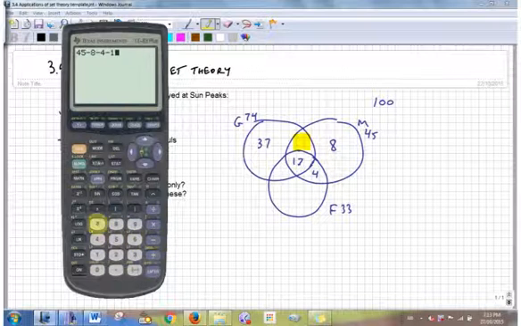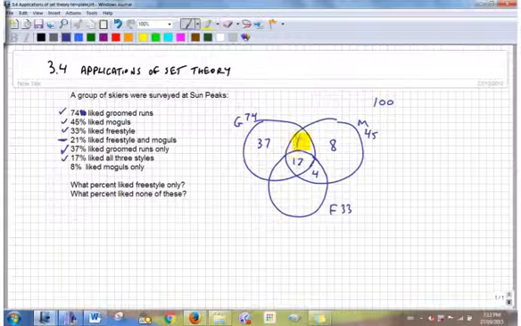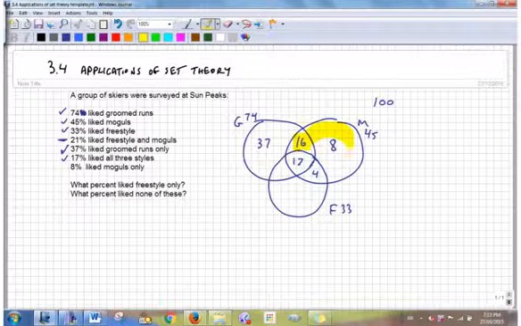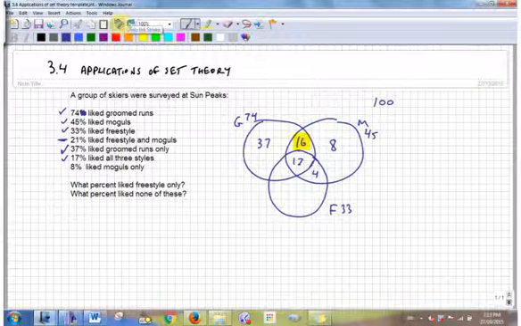We'll be left with what must be in this intersection, and that looks like that's 16. Okay, so remember, everything in here has to add up to 45. So that is, let me undo that, 16.